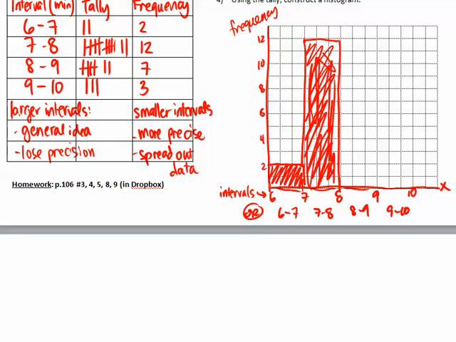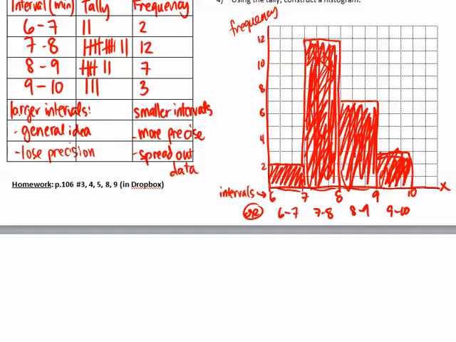And color it nicely, nicer than that, I hope. And then between 9 and 10, I have 3 data points. Wow, it's a terrible looking graph, but hopefully you understand the idea from it. Now notice in the histogram there are no gaps in between each of these bars.